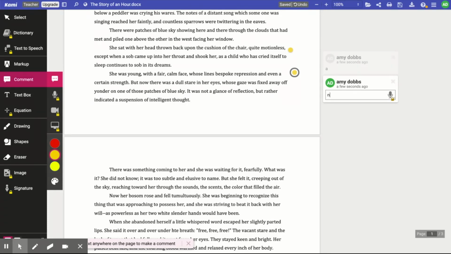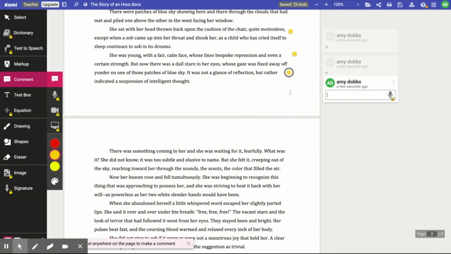It was not a glance of reflection, but rather indicated a suspension of intelligent thought. So again, we see that she is looking out and she's thinking, but we don't entirely know what she's thinking, but the narrator says that it's something intelligent. So again, she's looking. The narrator also contradicts, again, maybe what other people may view of women at the time.